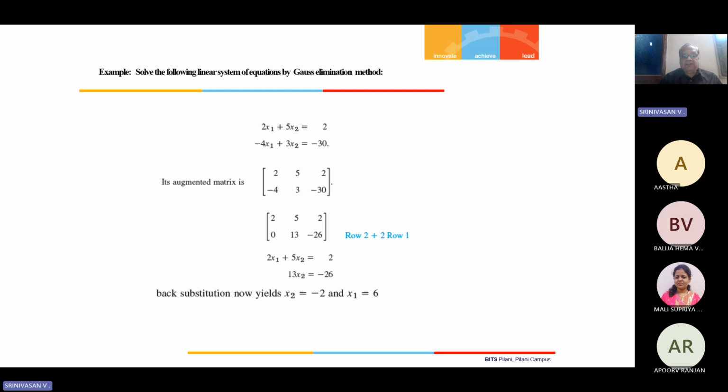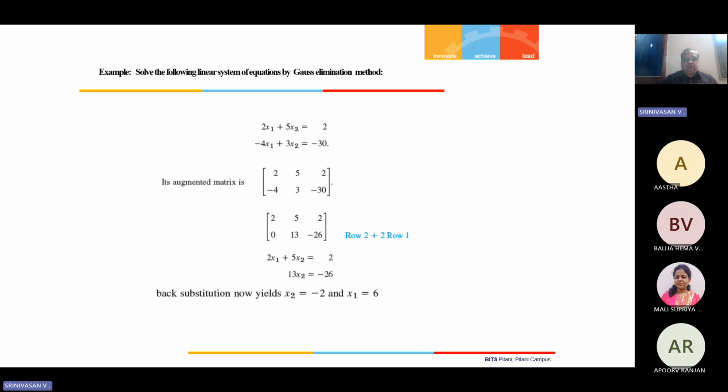Now, this is R1. I will write R1. I think you must have studied this way of writing in school days. Put an arrow mark, meaning R1 is R1 itself. This is the right way of writing.